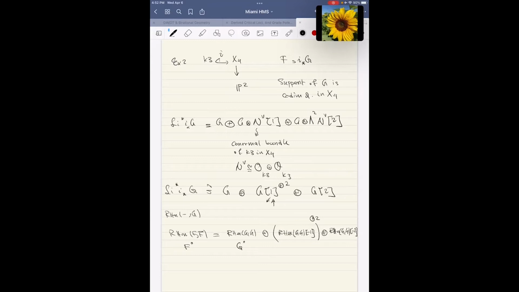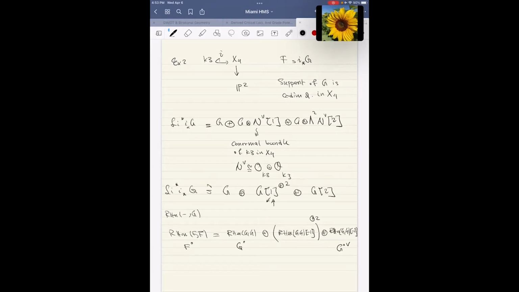This is our previous complex G dot. And if you use Serre duality, you can actually see that this is our previous complex G dot dual. G's are supported on the fiber. Just use Serre duality. Look at Ham GG. Its Serre dual is Ext2 GG. That Ext2 is that shift by -2.